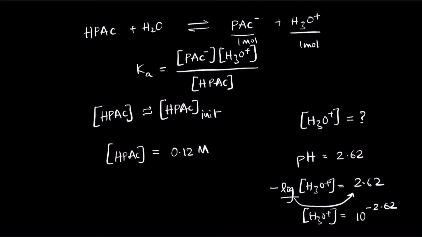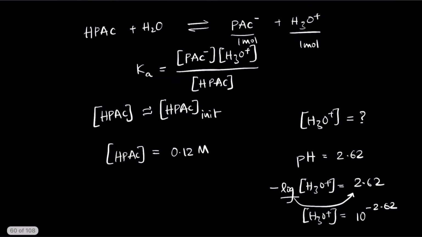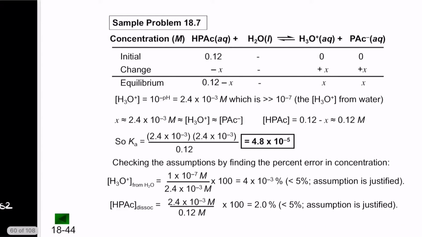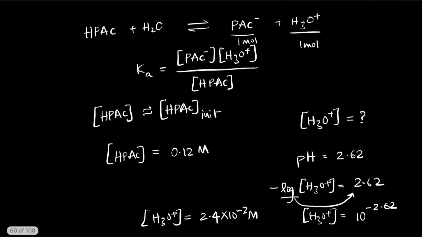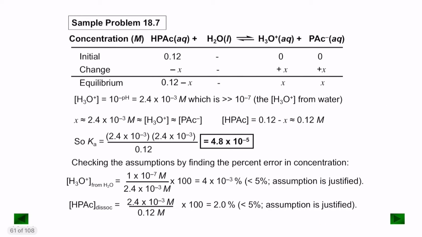So H3O plus is this value. When you calculate, the concentration becomes 2.4 times 10 to the power negative 3 M, which is much greater than the H3O plus in water. Which means that there is a certain amount of dissociation happening here.